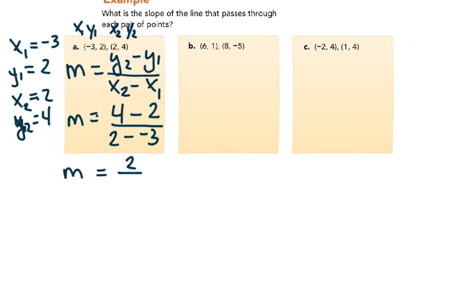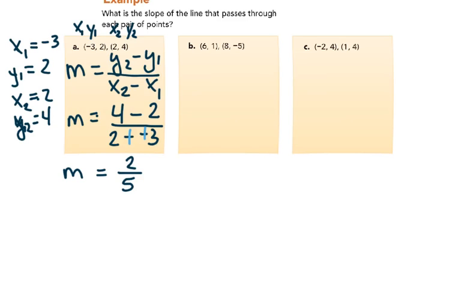So we have keep, add, opposite. So now we have 2 plus 3, and that answer is 5. So the slope of the line that contains the points negative 3, 2, and 2, 4 is 2/5.